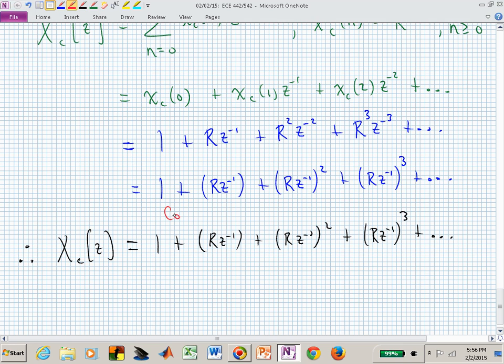This blue right-hand side converges when what is true?